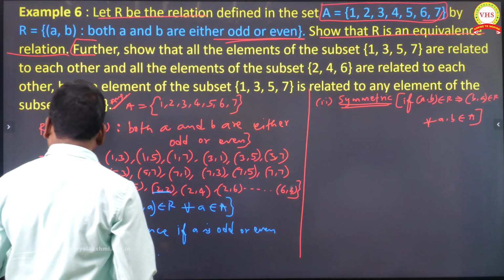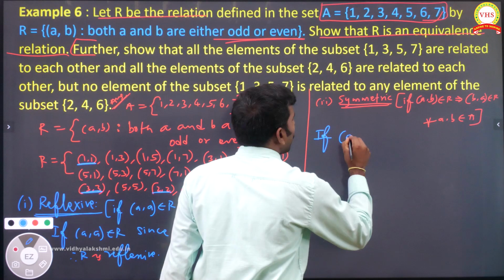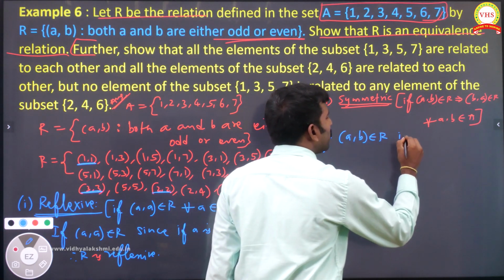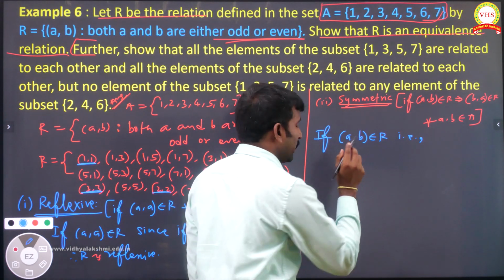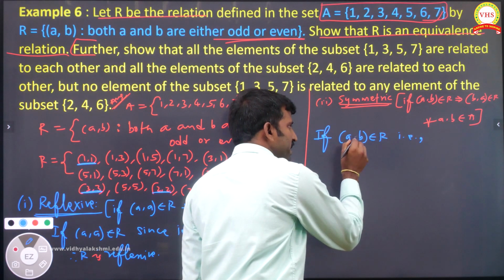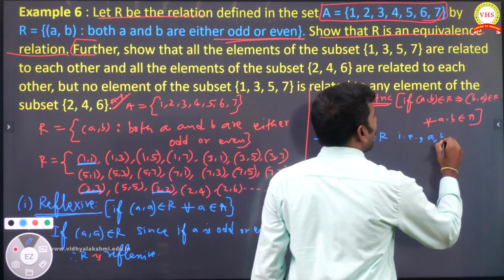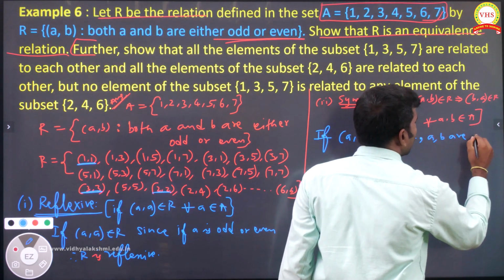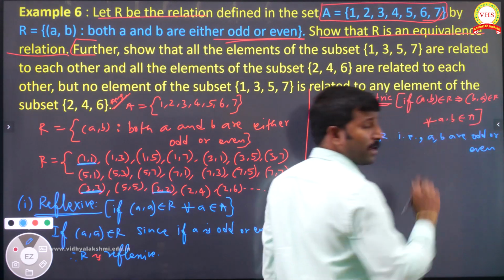So let's check this. Now if I take (a, b) belongs to R, what is the meaning of this line? Either a is odd, then b is also odd. Suppose a is even, then b is also even. That is the meaning: a and b are both odd numbers or both even numbers.